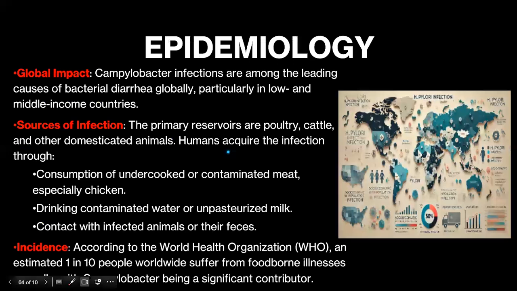Humans acquire the infection through consumption of undercooked or contaminated meat, specifically chicken, drinking contaminated water or unpasteurized milk, or contact with infected animals or their feces. So generally, animals are the sources of infection of this Campylobacter. Incidence: according to the WHO, an estimated 1 in 10 people worldwide suffer from foodborne illness.